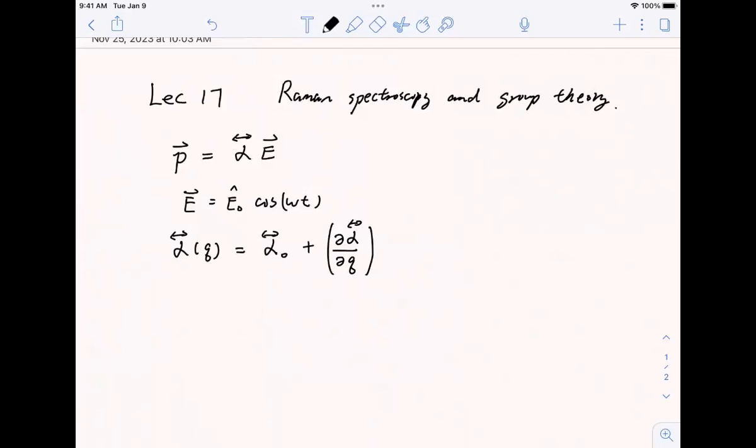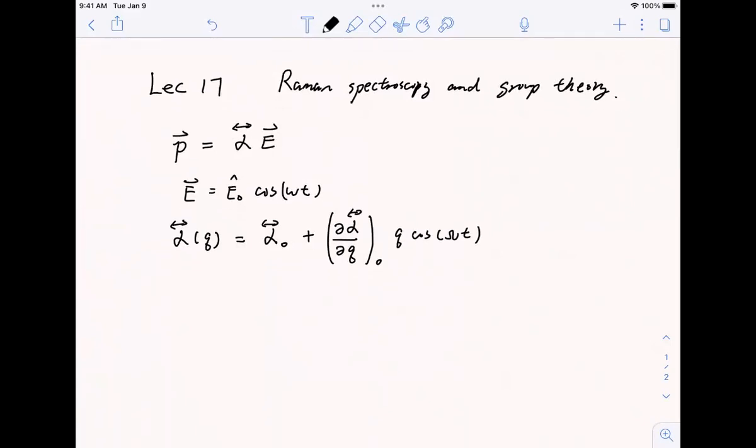This is at the equilibrium position, zero displacement, and with the Q. And this Q is basically just cosine big omega t. So this is the phonon frequency, and this is the photon frequency.